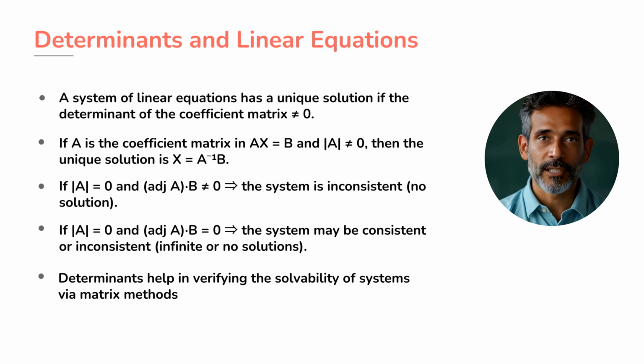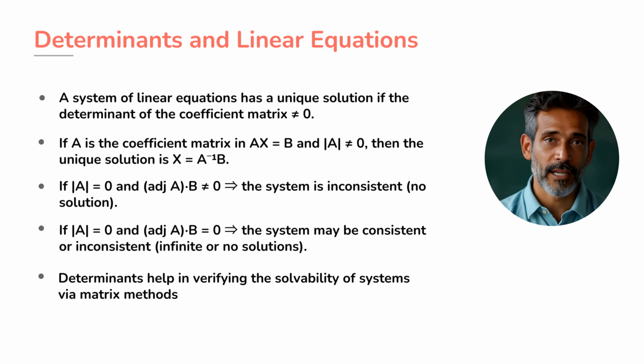If you have a system Ax equals B, where A is the coefficient matrix, then if mod A is not equal to 0, the system has a unique solution, and that solution is x equals A inverse times B. If mod A equals 0 and adjoint of A times B is not equal to 0, the system is inconsistent, it has no solution.